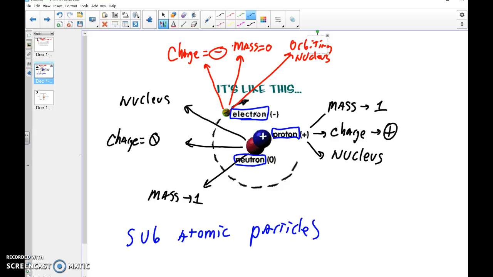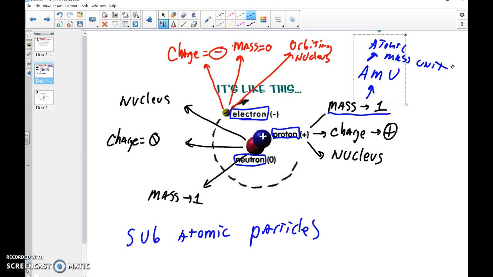And so what we need to do to really see how that difference comes about is to look at what makes protons, neutrons, and electrons unique. So protons all have a mass of 1. Now, we use something called an atomic mass unit to measure the mass of these subatomic particles, because they are so small that the normal units don't work.